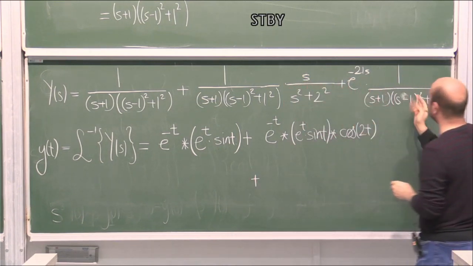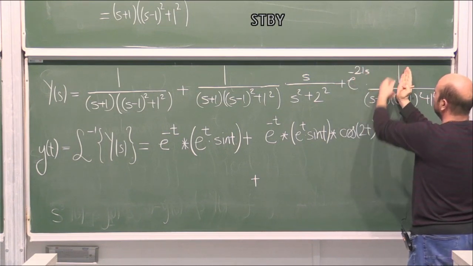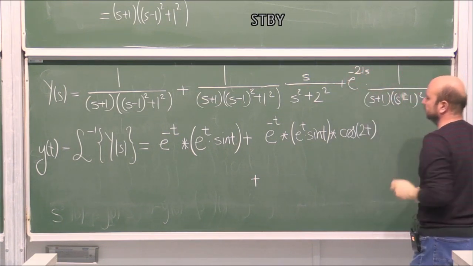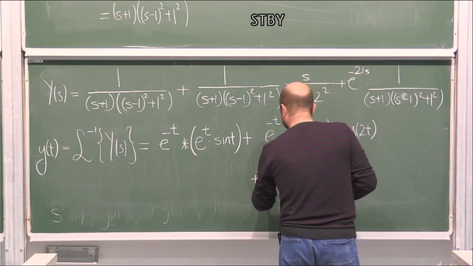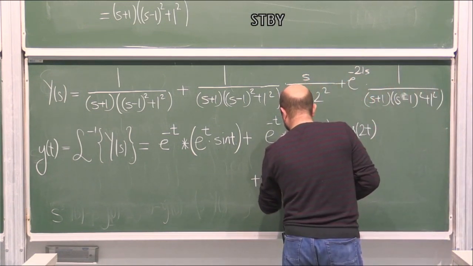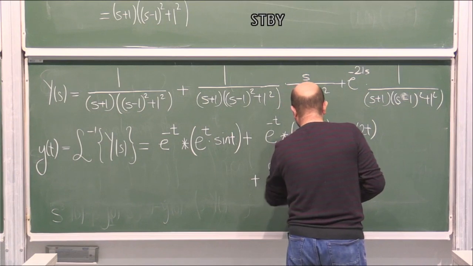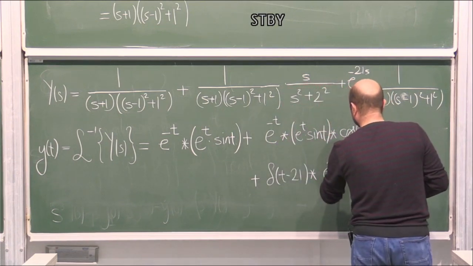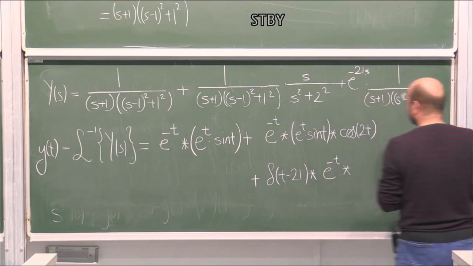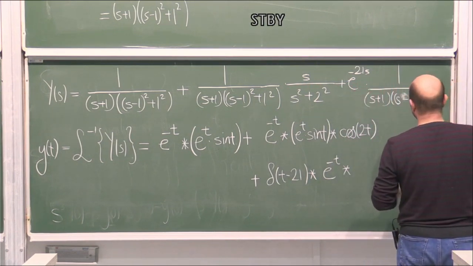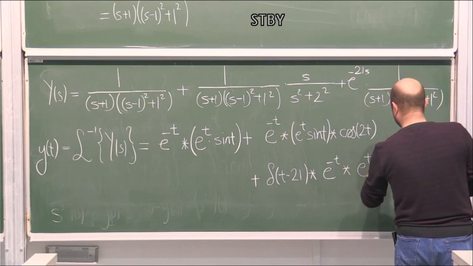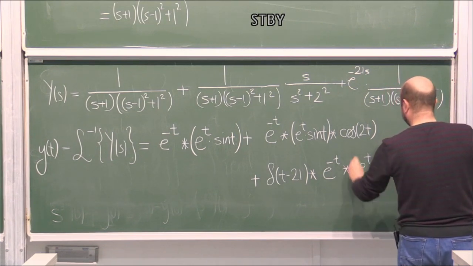It's up to you, actually. You can write this portion as one or just three of them. Which is delta at 21 convolution e to the negative t convolution e to the t sine t.